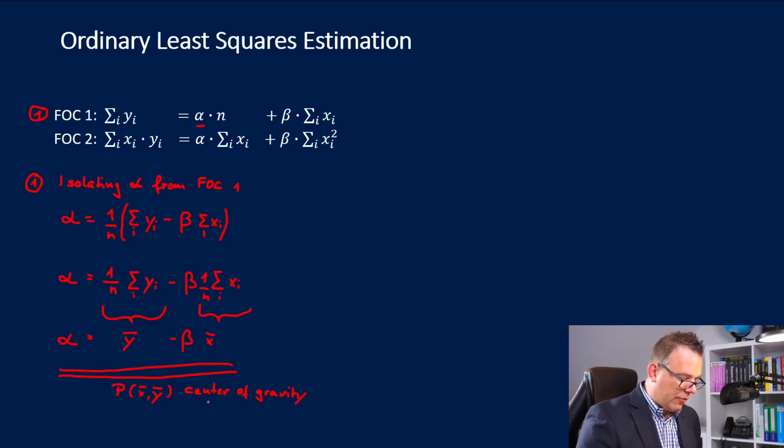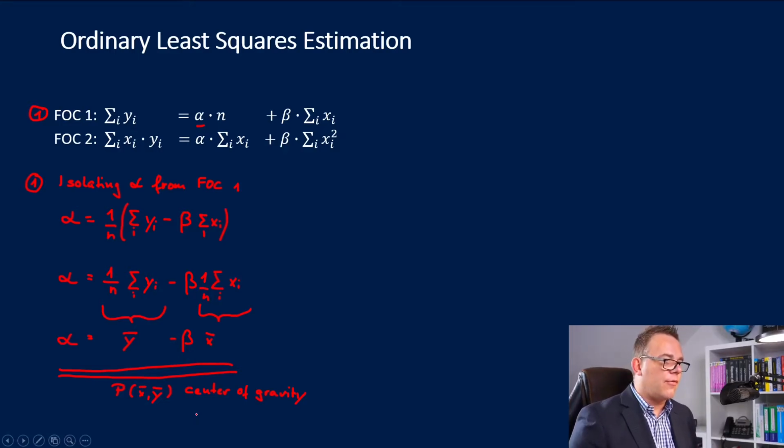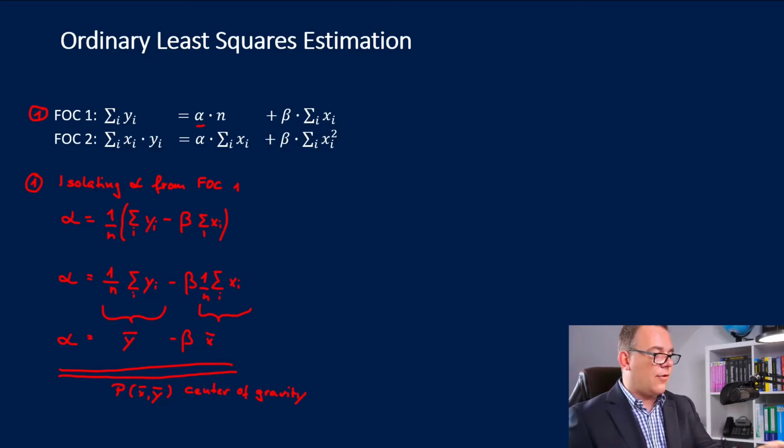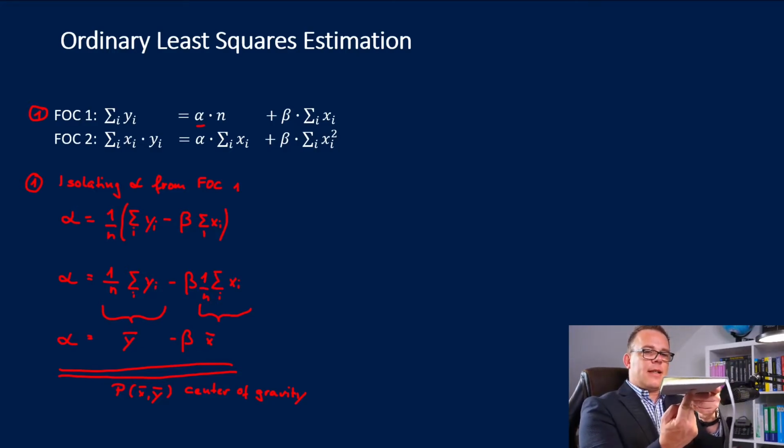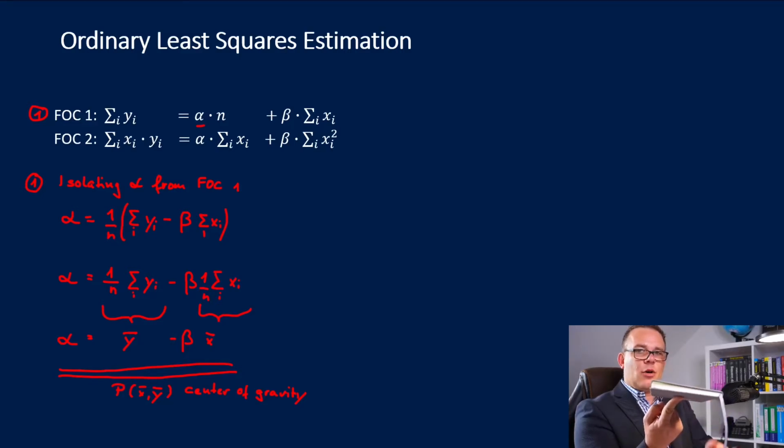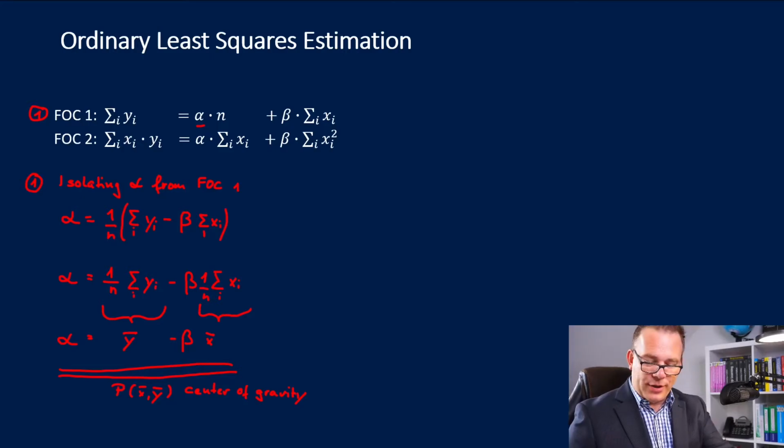And of course the regression line now passes the center of gravity of our cloud of points. What's the center of gravity? It's exactly that point where we can balance an object or the cloud of points on our finger. And it's exactly where all the arithmetic means can be found, like x bar and epsilon bar.